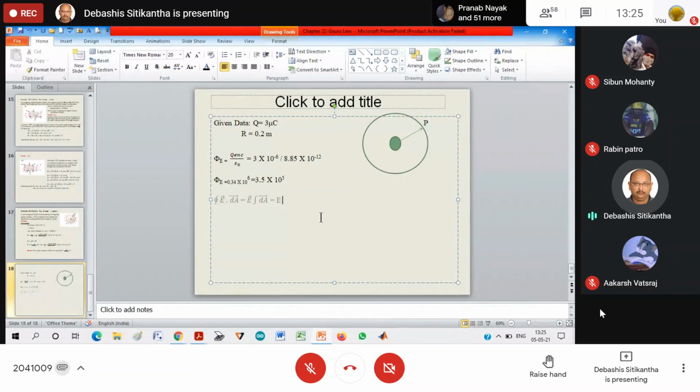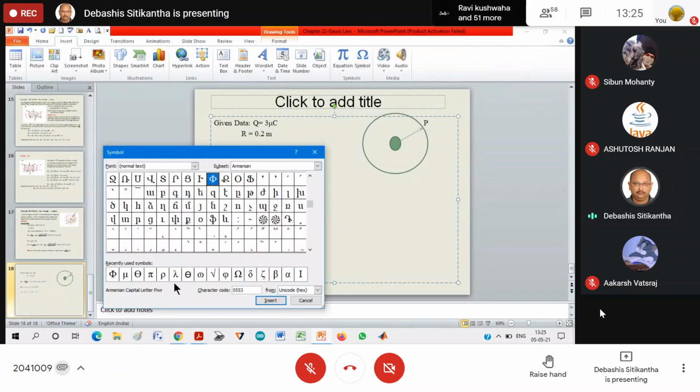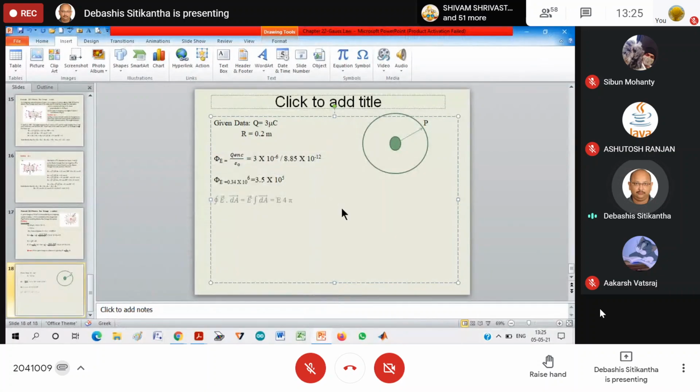Now who will tell me what the answer over here will be? 4 pi r square, that's correct. So 4, then I have pi, then I have the r square. Now what is the value of r over here? It is equal to 0.2.